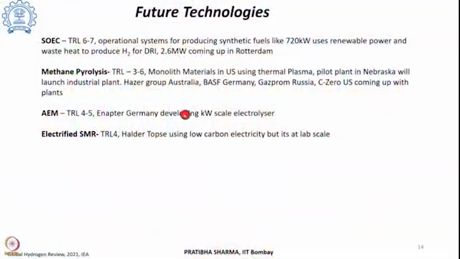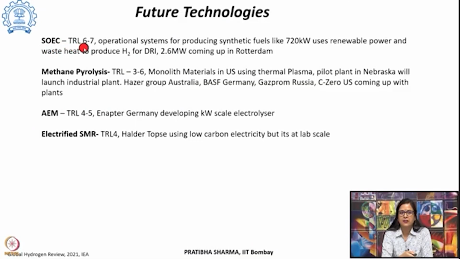Now there are certain future technologies which are not at commercial scale, at a higher TRL level, like solid oxide electrolysis, which we have seen. This is the high temperature electrolysis or steam electrolysis. Currently this is at a TRL level of 6 to 7.